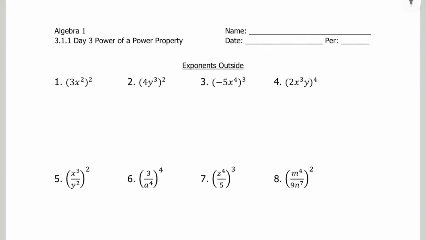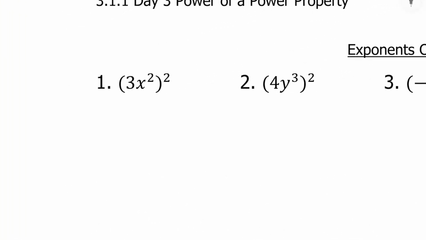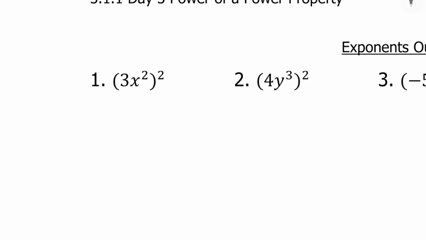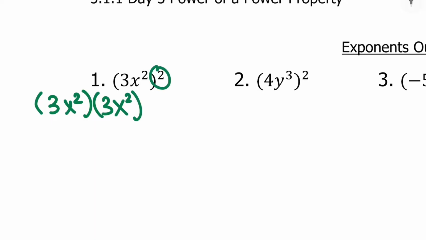So what if we take something that we have inside and then we square it? What that really means is to take 3x squared and multiply it by itself, because the square on the outside says to do 2 of them. Once we write that out, that looks like what we've already done before.